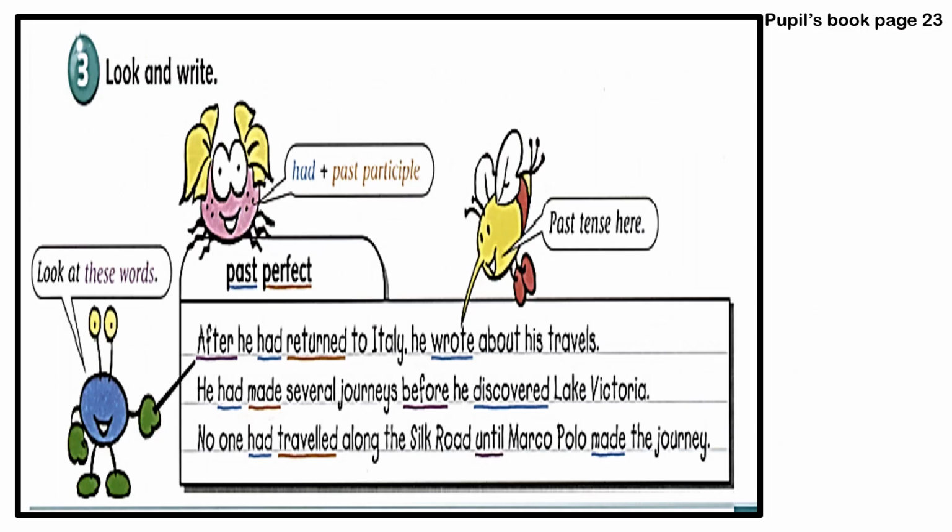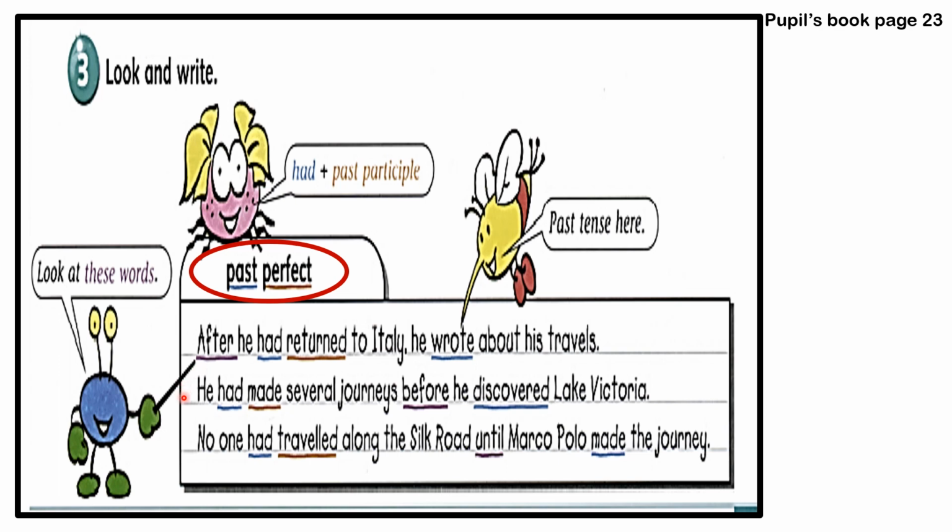Let's recall past perfect. Remember, in past perfect form, we are going to use had plus the past participle form of the verb. For example, after he had returned to Italy, he wrote about his travels.